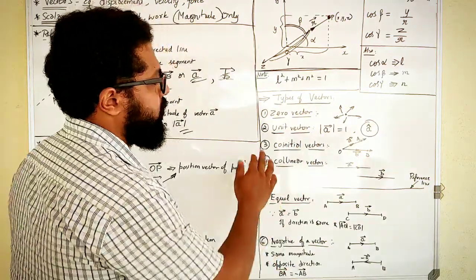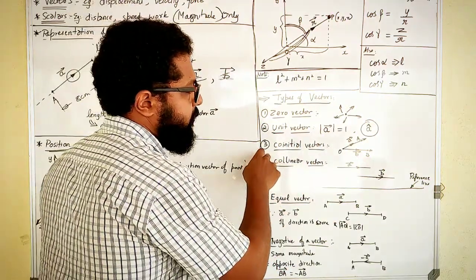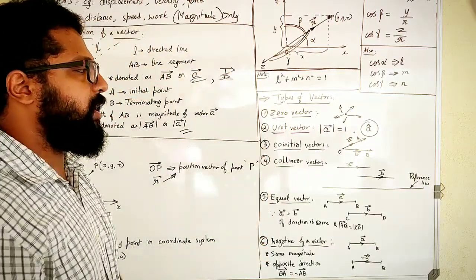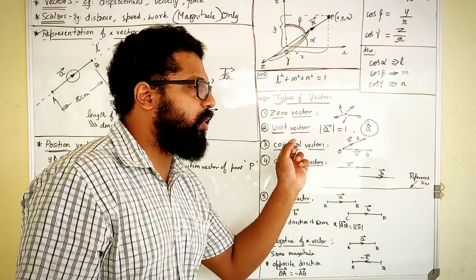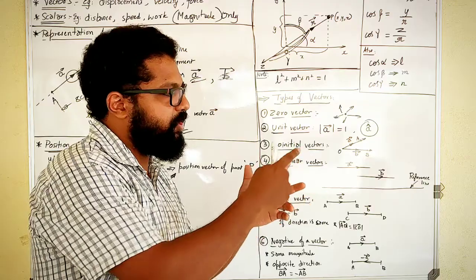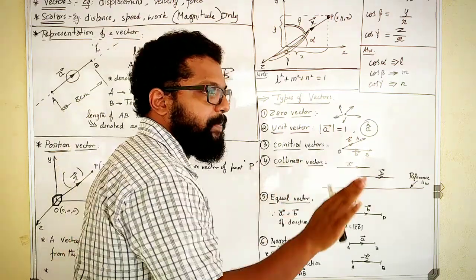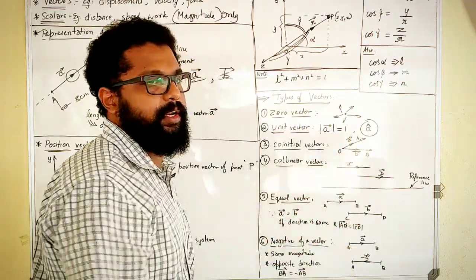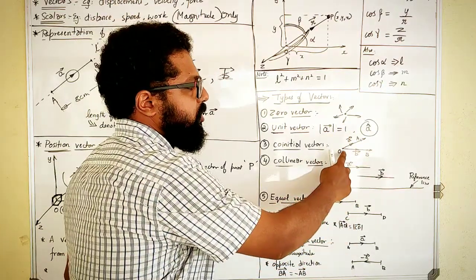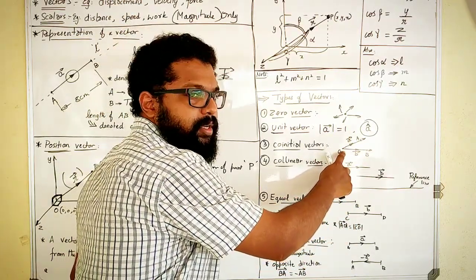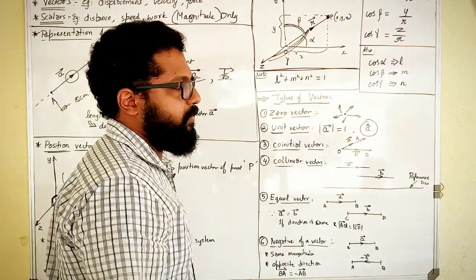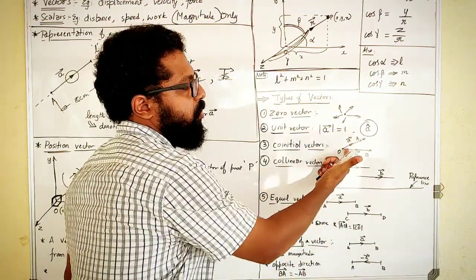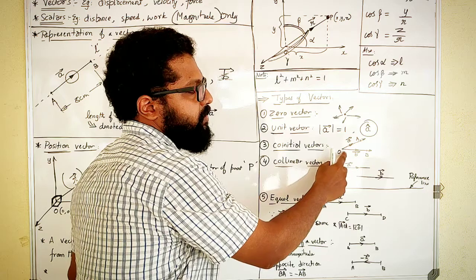The next type of vector is co-initial vectors. Co-initial means the initial point is the same. They have the same initial point but two different terminating points. You can see here OA and OB have the same starting point.